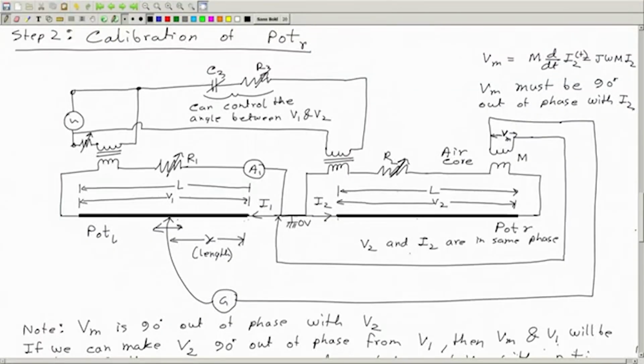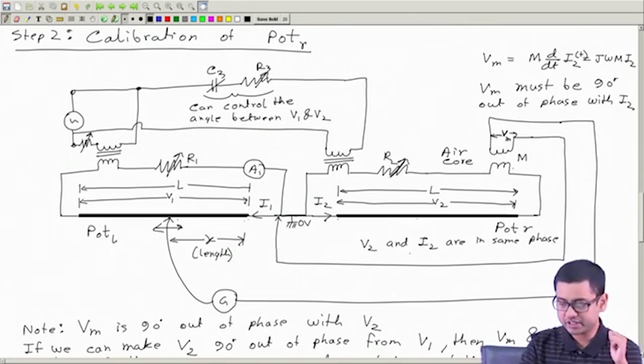So, one small but important thing which I forgot to mention before is why we use an air core transformer here. Why not an iron core transformer? This is because in case of an iron core transformer, the flux is not exactly in the same phase with the primary current.